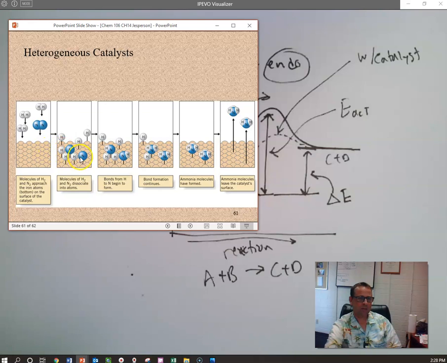As the hydrogen and nitrogen are bound here, it makes it easier for them to react because they've been kind of trapped momentarily. And so when they're trapped nearby each other, they can react more easily. So this is an example of a heterogeneous catalyst. Different phase that will allow the process to occur more easily. And again, the catalyst at the end of the reaction isn't changed.